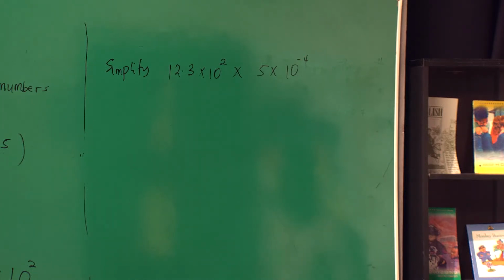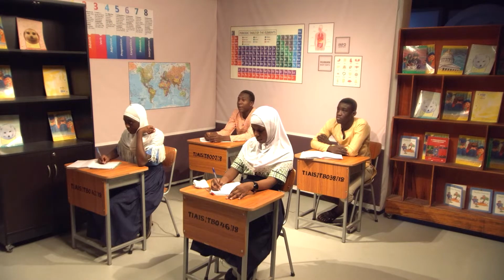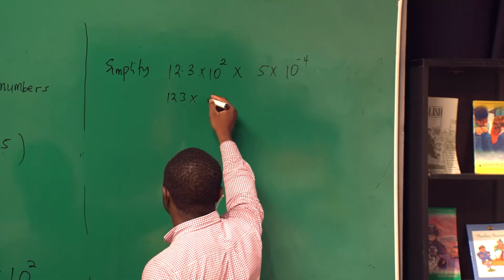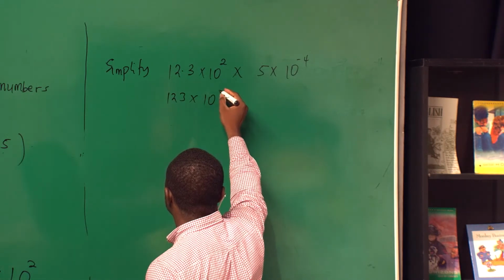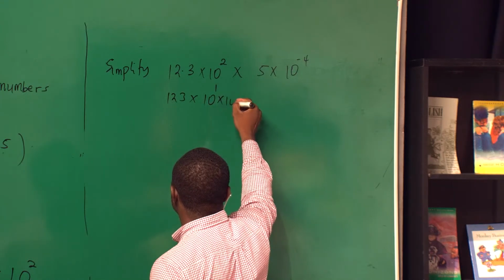So how do we go about this one? Ochad? You change the 12.3 to a whole number. To a whole number. Okay, do that. So please, 123 times 10 exponent negative 1 times 10 exponent 2.